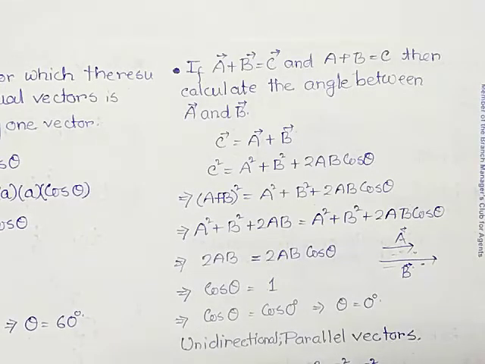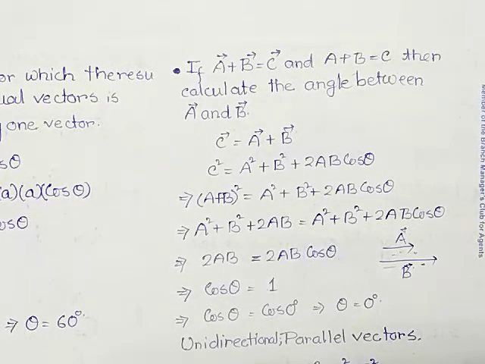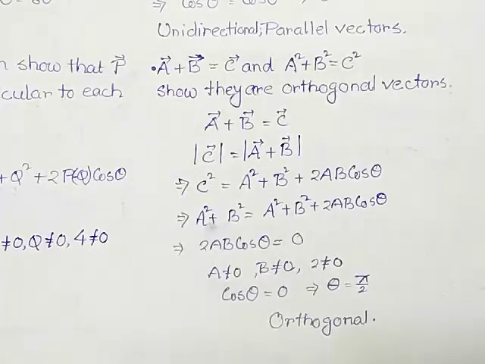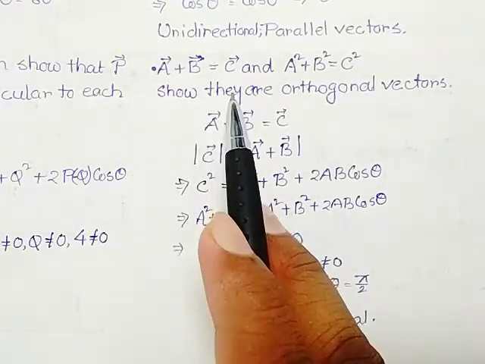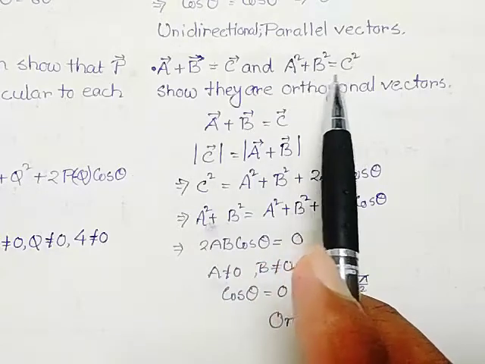So this is a very strong implication of the vector. If the two vectors are unidirectional and parallel, we need not concern ourselves about their vector nature, we can treat them as scalars.